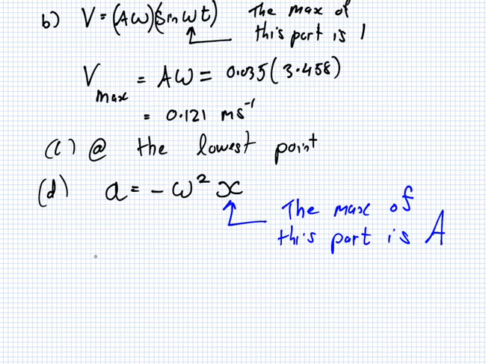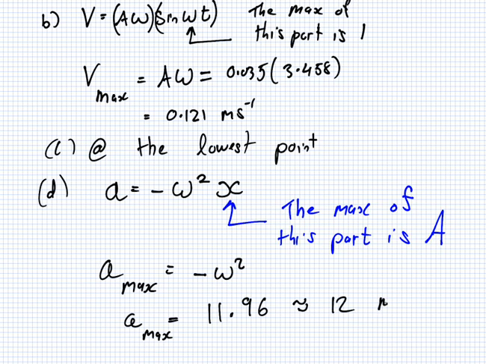So we get this formula now. A max equals minus omega squared. And we're not too worried about the minus because we want the maximum, so the maximum it can be as a positive is 11.96, so that's 12 meters per second squared.